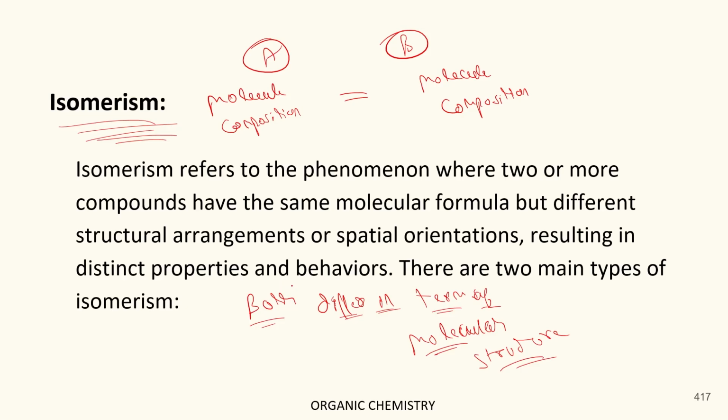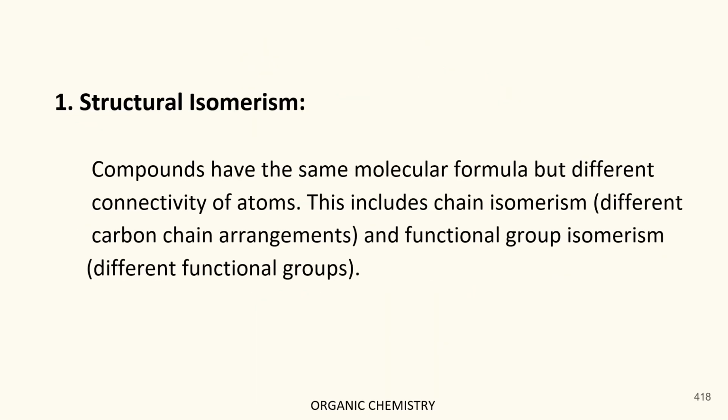Got it? So it is about isomerism. When two compounds A and B, or any other compounds, have the same molecular composition but their molecular structure is different, in this condition it is known as isomerism.